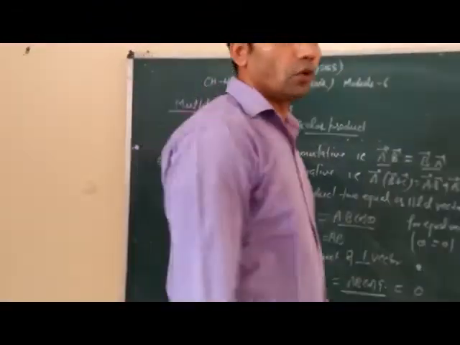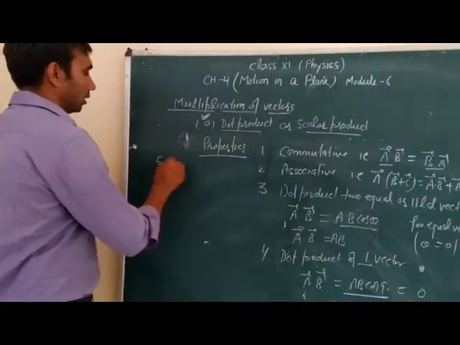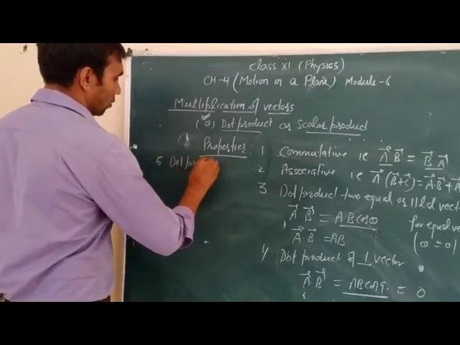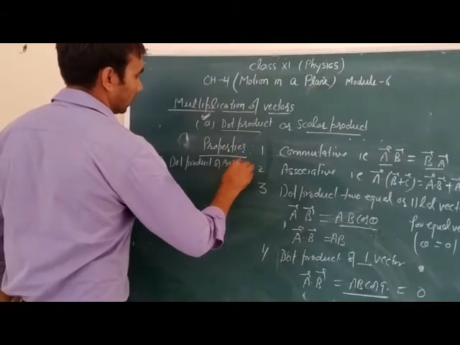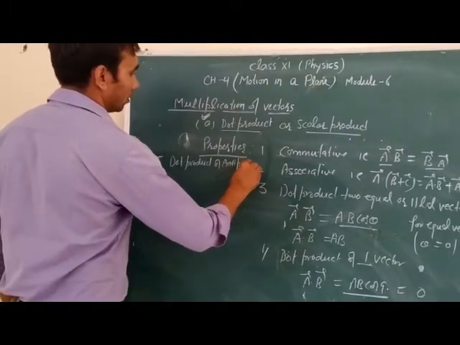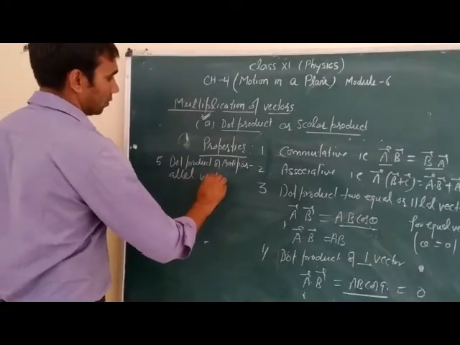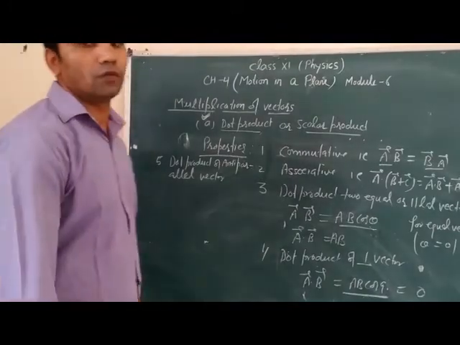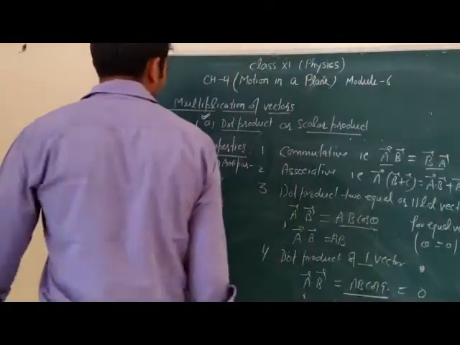Now, property number 5: the dot product of two anti-parallel vectors. Anti-parallel vectors means the angle between vector A and vector B is 180 degrees.